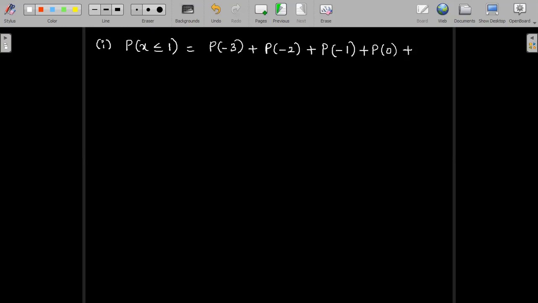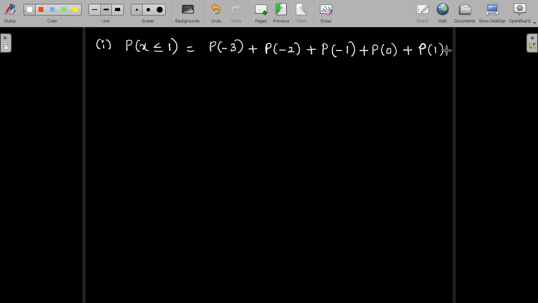The first one that has been asked is probability of x less than or equal to 1. When I say probability of x less than or equal to 1, it is probability of x equal to minus 3, probability of x equal to minus 2, probability of x equal to minus 1, probability of 0, and probability of 1.